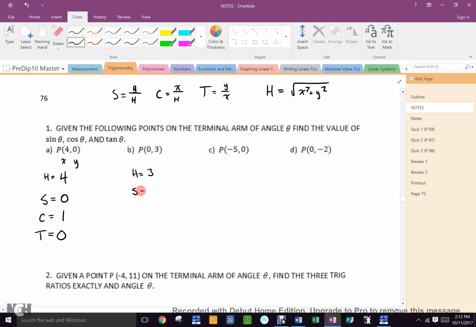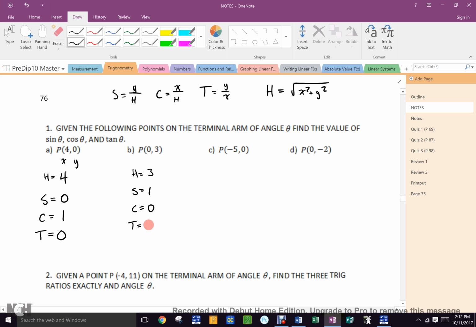What is the hypotenuse here? 3. So what is the sine? 1. What is the cos? 0. What is the tan? Nope.